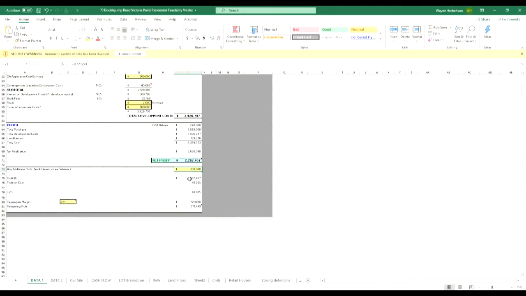So our net profit is 2,562,427. So if you divide that figure by the total cost, then of course you're going to come to this 40.26% profitability.